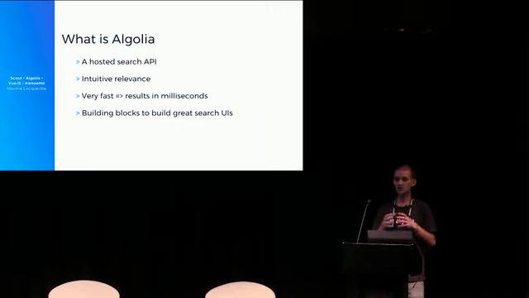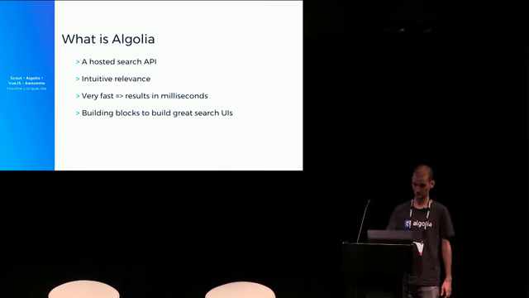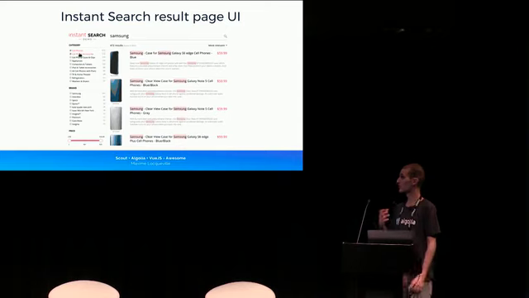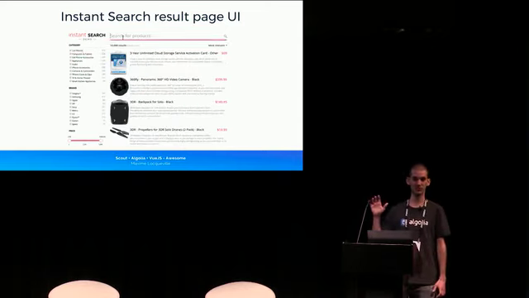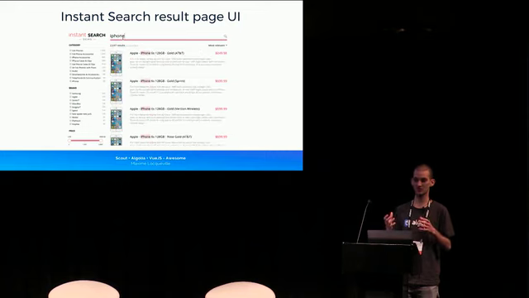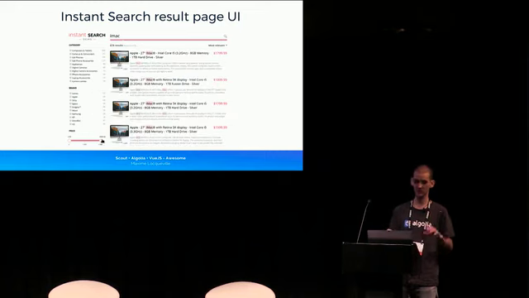And on top of this API, we provide a lot of building blocks that you can use to easily display and build search UIs. One of the UI that you can build with it is those type of instant search result page. So it looks like a classic search. You have the input, the result, some filtering on the left.